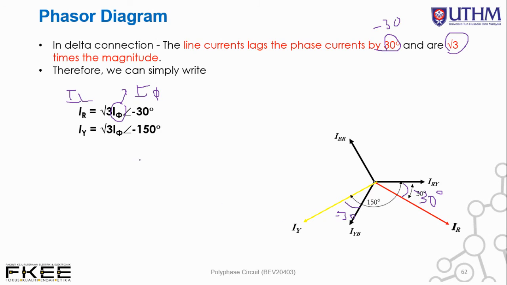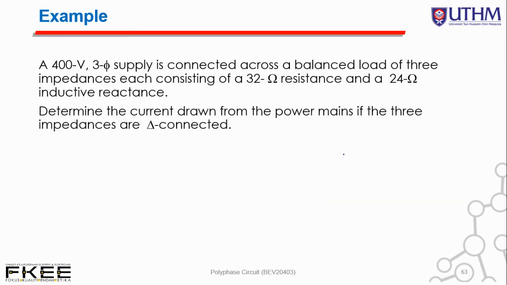But if you try to plot it from IRY, this is actually 150 degree apart. So IB, minus 270 degree, is over here. Later on we'll see how it looks like. So IB is minus 270 from IRY.